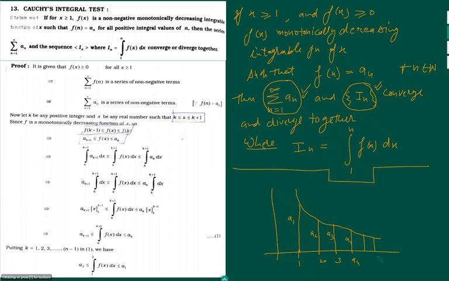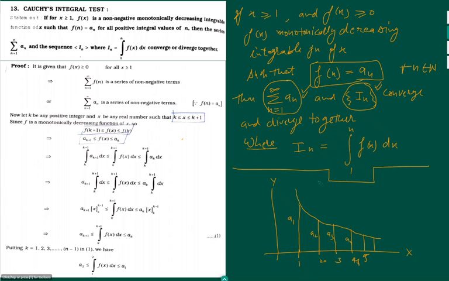So this way you have a monotonically decreasing function such that f(1) is a1, f(2) is a2, f(3) is a3.